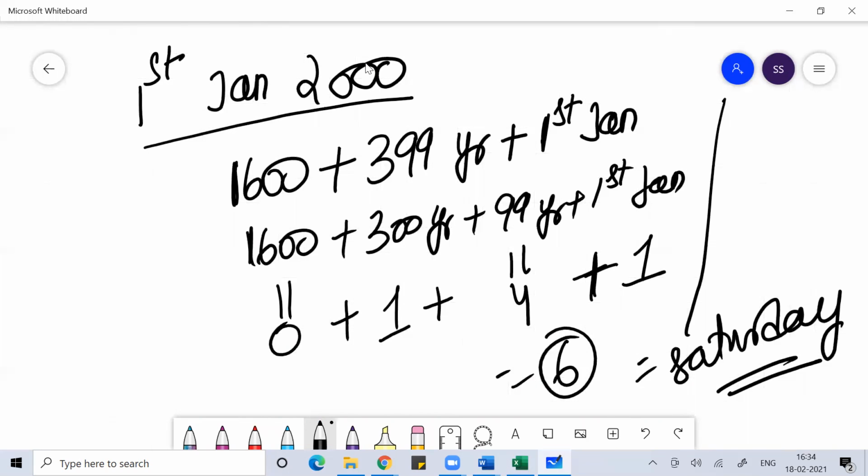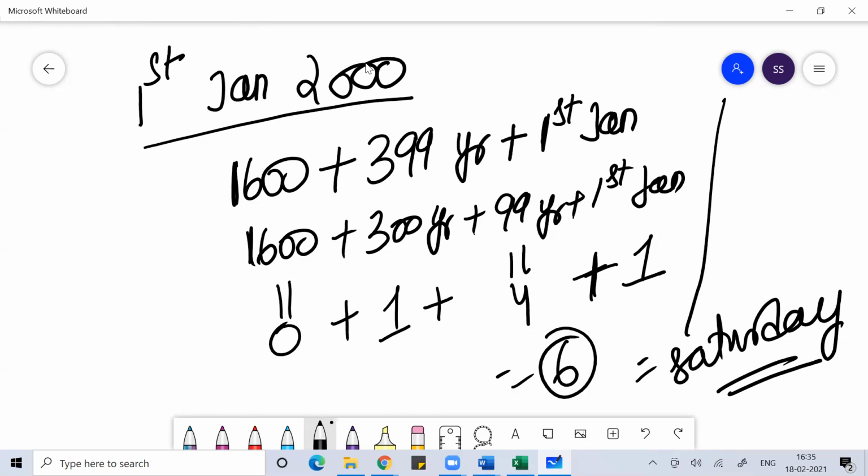Anyone, any doubt? Anyone, any doubt, any question you want to ask? You can tell me your birthday date. I can find your day, which day you are born. Anyone have any doubt, any confusion? You can check by yourself. You can take 5 minutes of your time.